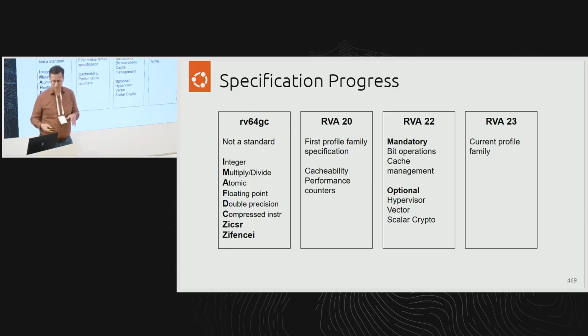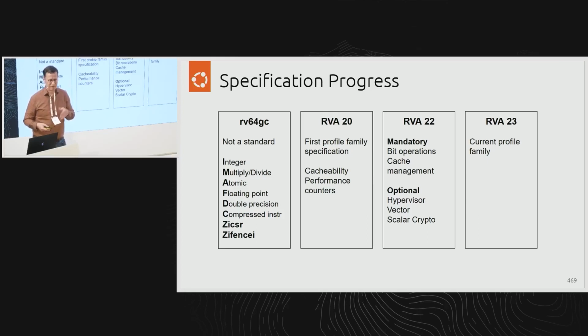They had the first version of a standardized ISA, RVA20, that I think they published in 22, and then they also published RVA22, which had more instructions like cache management and also optional vector and hypervisor.